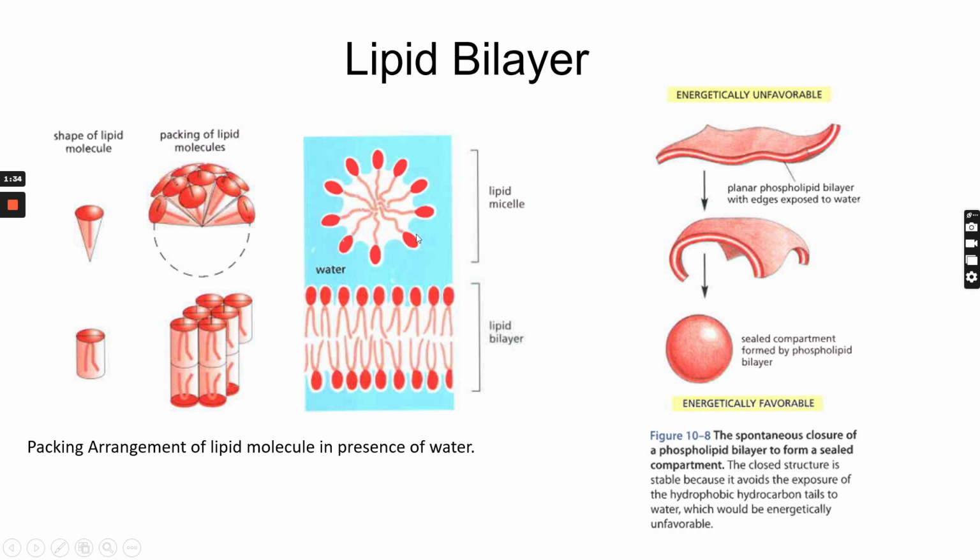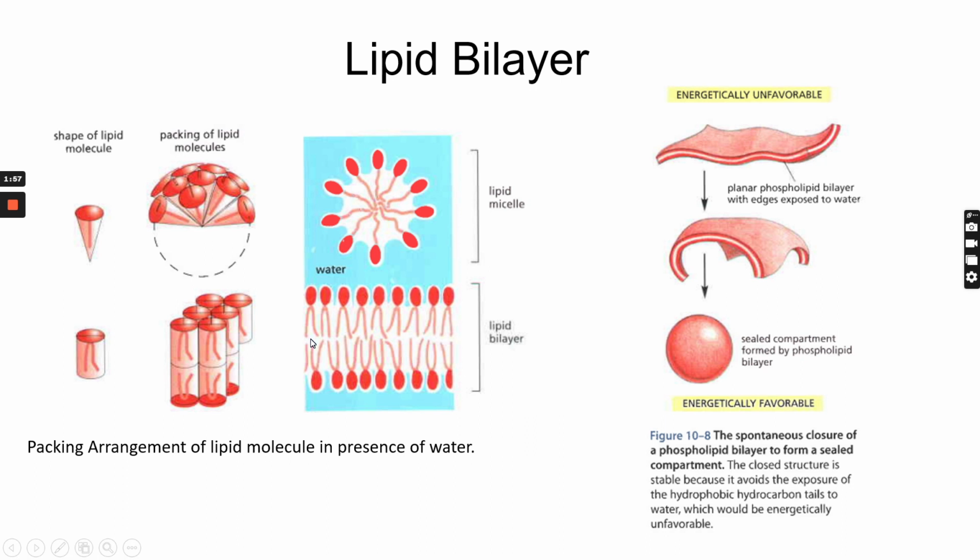These micelles are very important for the transport of different drugs in humans. And how does the lipid bilayer form? When these types of phospholipids come together, they form a planar structure. This is how the lipid bilayer forms.